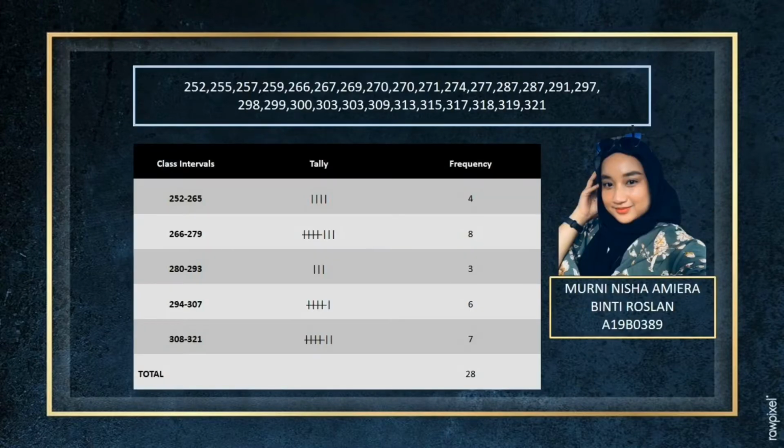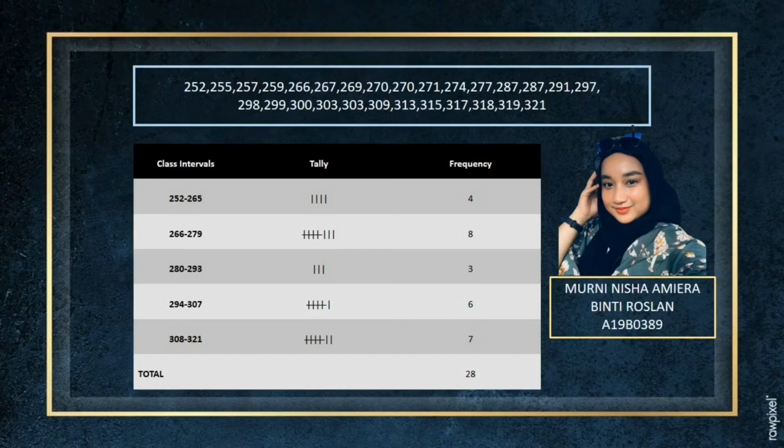To make it much easier, we must rearrange the data from smallest to biggest. As we know, 252 is the smallest and 321 is the biggest. The frequency table includes class intervals, tally, and frequency.